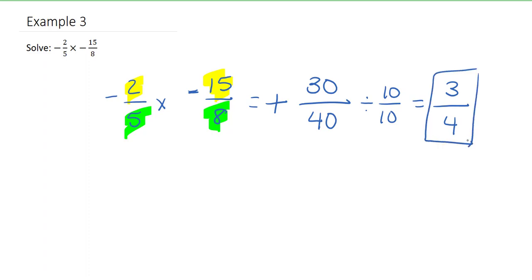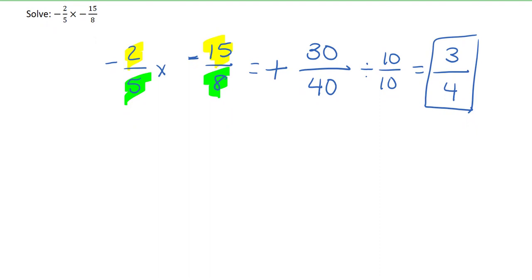But I'm also going to teach you a trick because it's sometimes faster when you don't always see what the common factors are or how far you can go. So here's our trick. We see we have a 5 here and a 15 here.